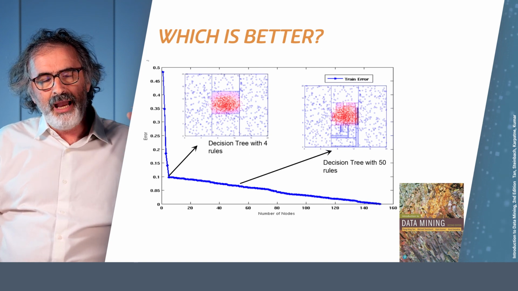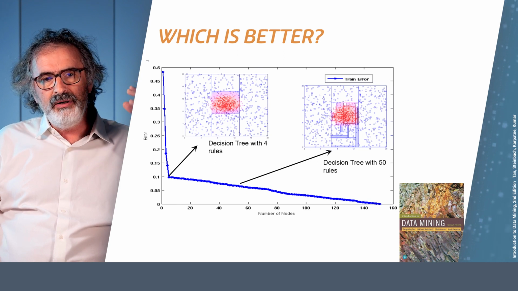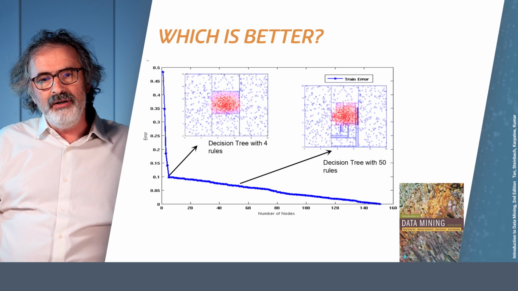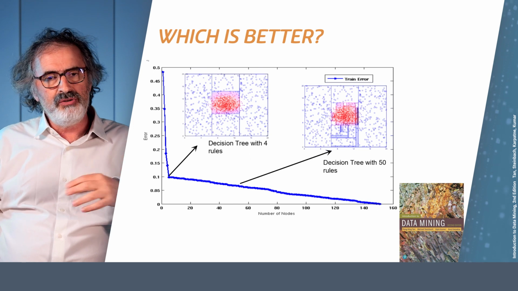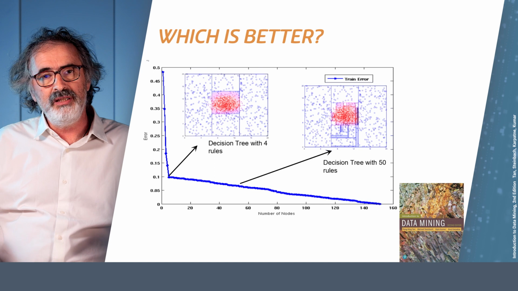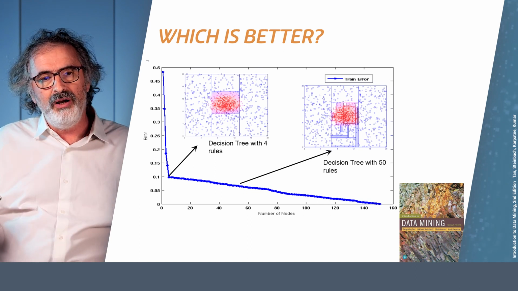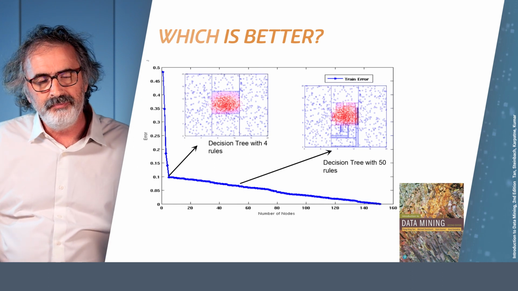We can see how over time, which means over the number of rules I am applying, we are making an error which is going smaller and smaller. So this sounds like good news, reinforcing the idea that the more complex we learn, the better it works.